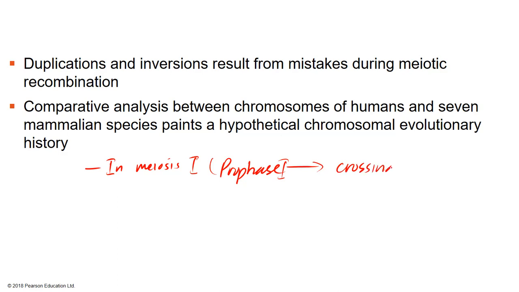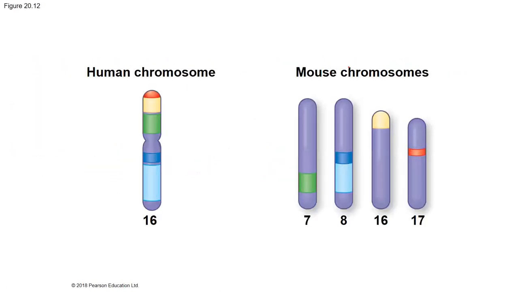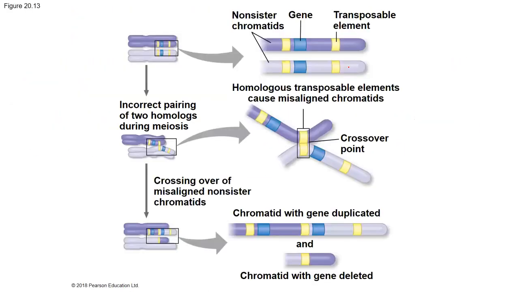Remember that? Okay. This is called meiotic recombination. And mistakes in meiotic recombination might lead to duplication.